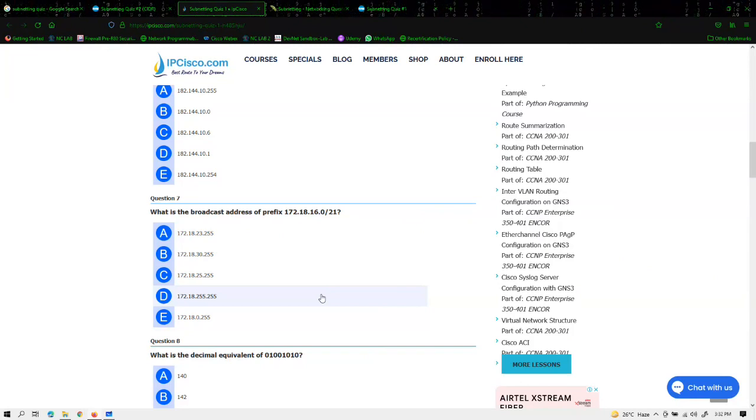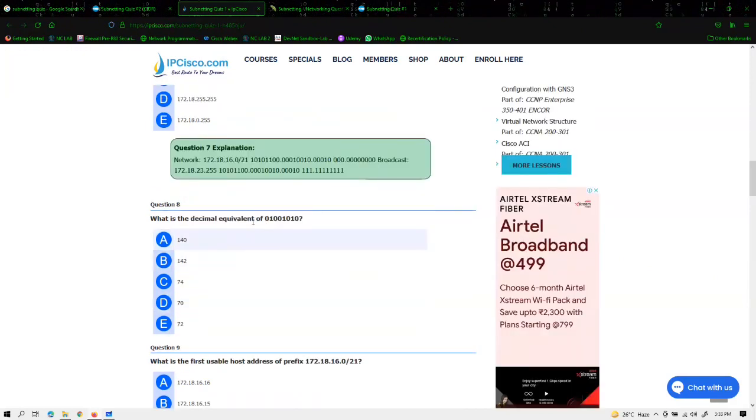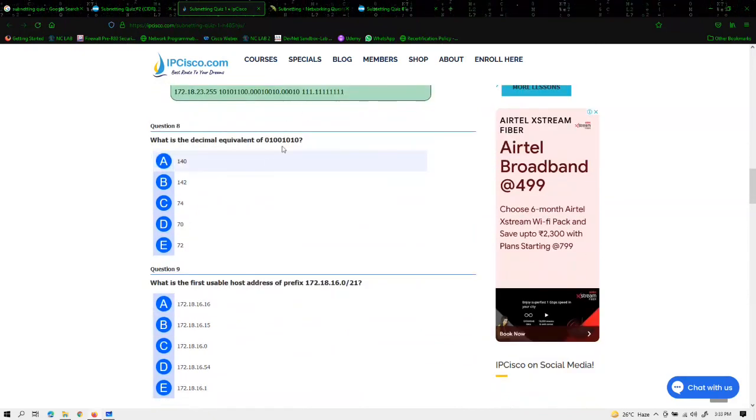Then it is 18.16. Which one are you telling? This first one. Yeah, first one. What is the decimal equivalent? You can calculate it, right? 2, 8. It is 10, 10, and 64. 64, 74. Okay.